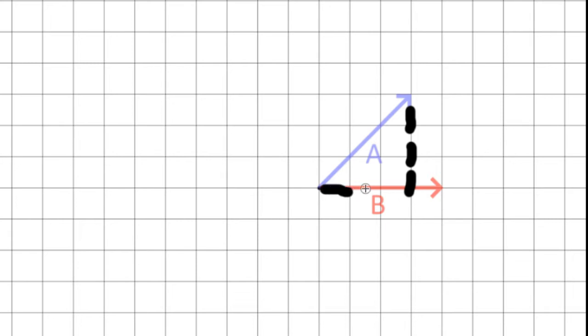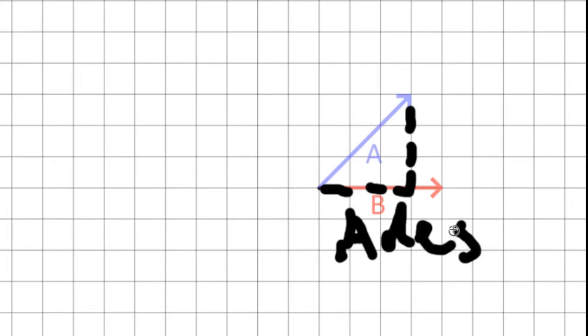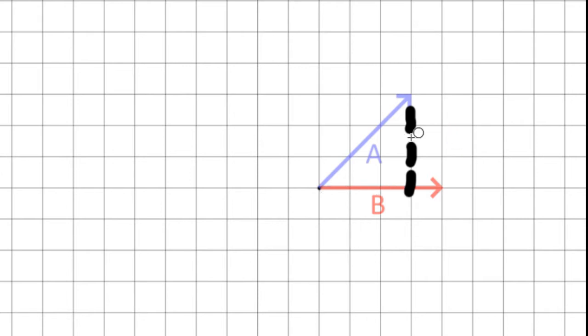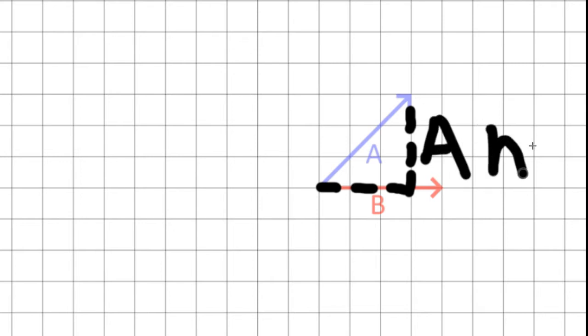It's got this component that's described by B. So this part, we can call A described, I'll write DES, described by B. Whereas the other side is not described by B. It's orthogonal to B, to be more specific, perpendicular to B. So this is A, let's say, not described by B.